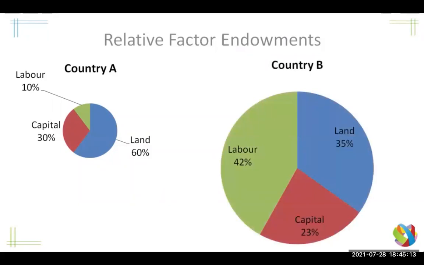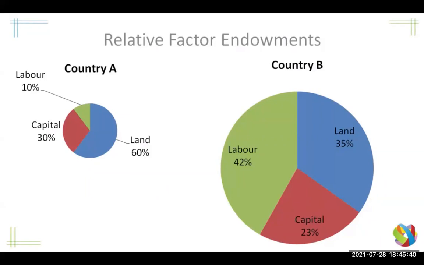So 40% or so labour compared with 23% capital and 35% land. Notice that B is much bigger, and that although land is only 35% of its factors of production, it still has much more land than country A, even though in country A, land makes up 60% of the factors of production.